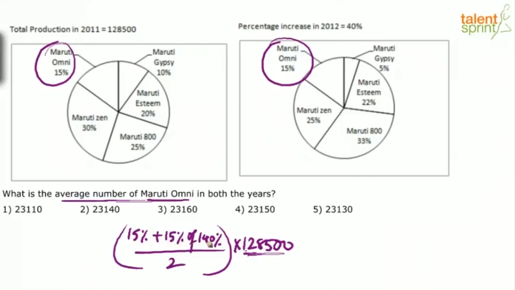It's like 10% plus 5%. So 21%, right? 14% plus 7%, 21%. So basically 15% plus 21%. That is 36%. 36% by 2 is 18%. So your actual answer is 18% of the given value here, 1,28,500. Now do the calculation and you'll get the answer.